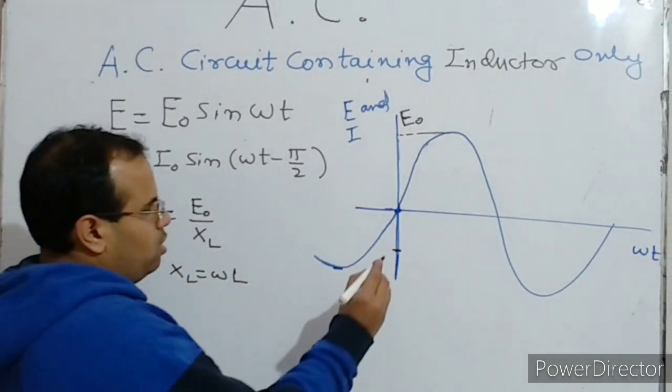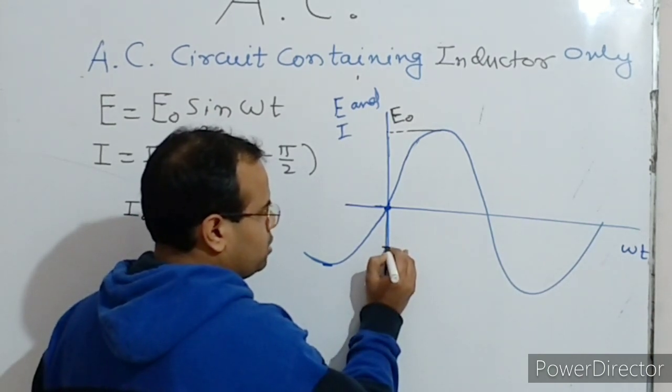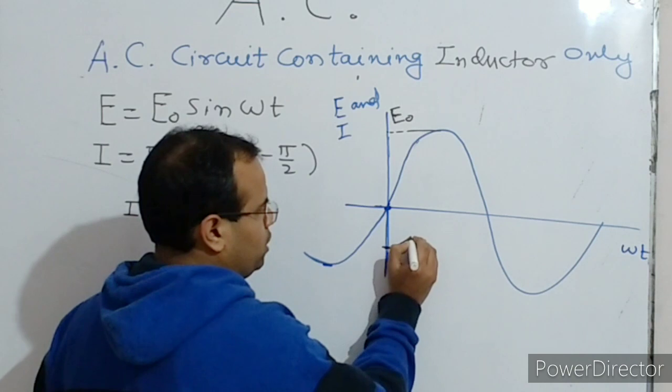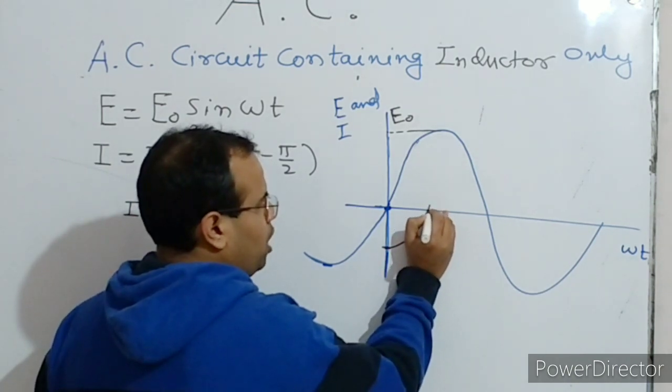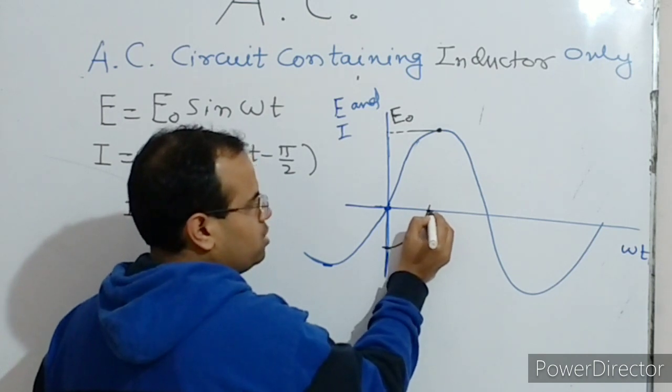So that's why this is I naught, and now it starts increasing. It goes up to here. So when the value of EMF is this, at that time the value of current is this.